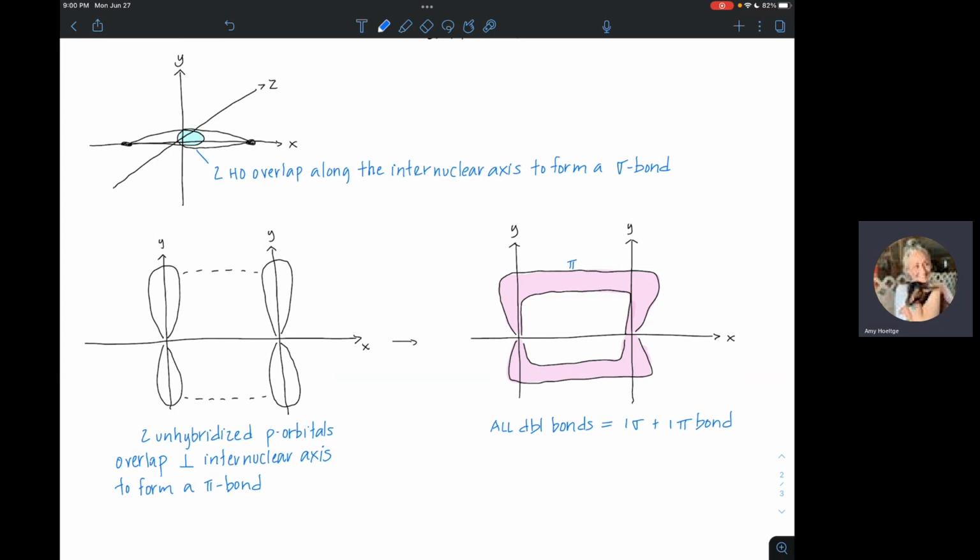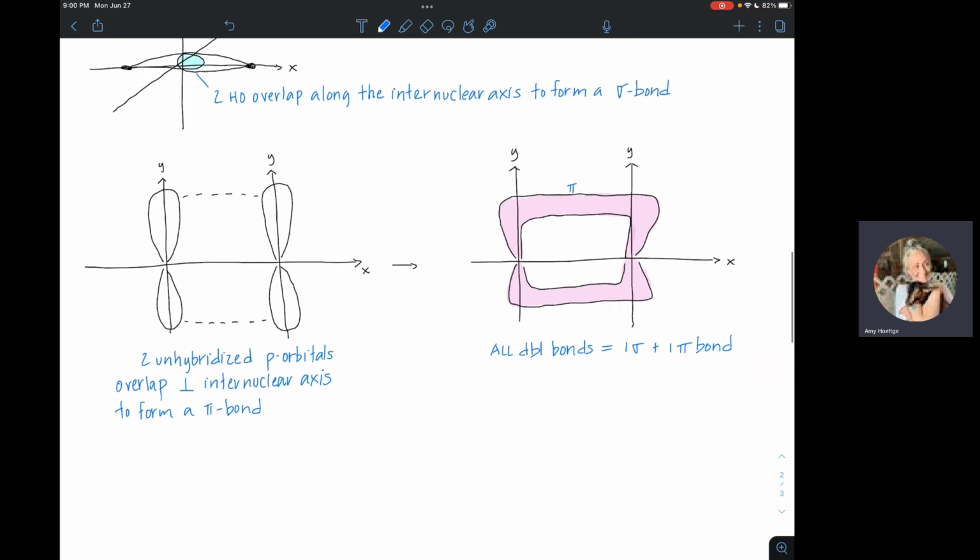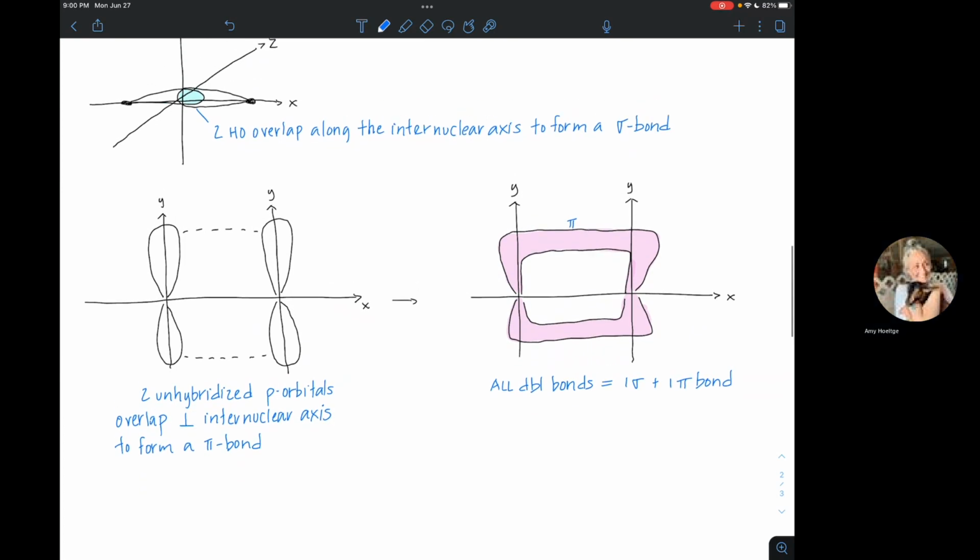And then the pi bond would be like an electron cloud sandwiching it, like an Oreo kind of thing, like one of those sandwich cookies, right? That's a double bond. You have a sigma bond, which results from two hybrid orbitals overlapping, and then you have the pi bond, which is like enveloping the sigma bond, which is made up of hybrid orbitals.